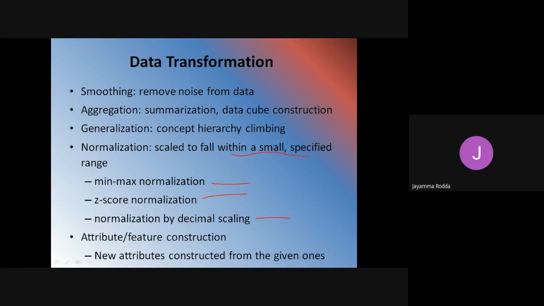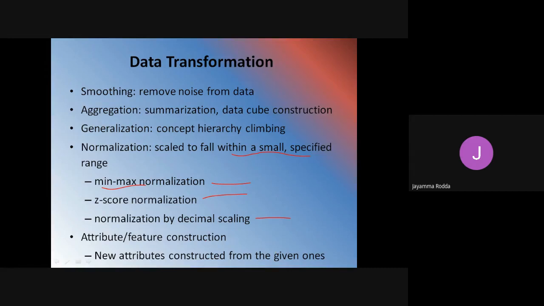Whereas normalization by decimal scaling is nothing but we will try to define the range of values within which that data should fall by cutting their edges. So how we will do that, we will see in detail. The range for the minimum maximum value will be given. Z score has to be discussed in detail. Decimal scaling is nothing but if there is any decimal point, we will try to cut the edges of those decimal points. Reduce the size of the decimal scaling.